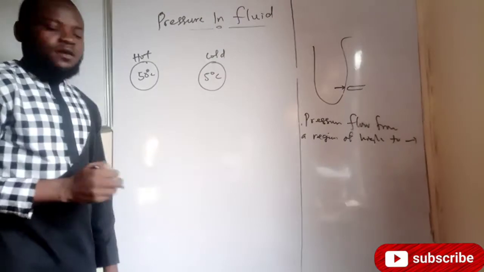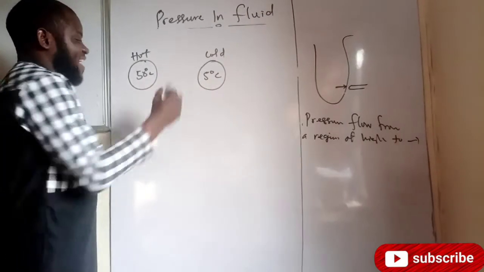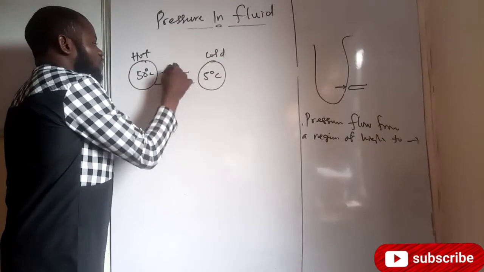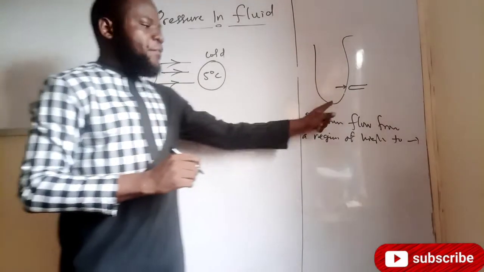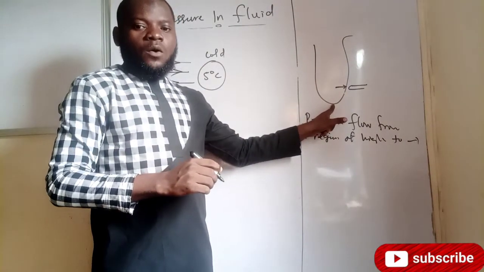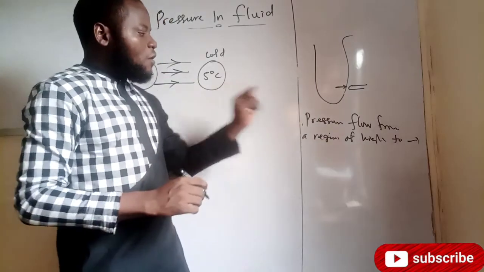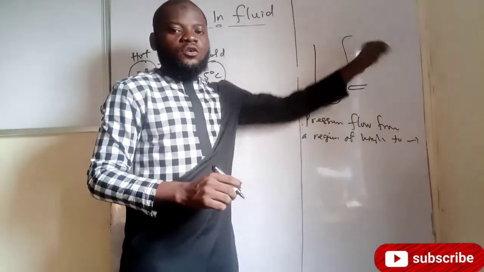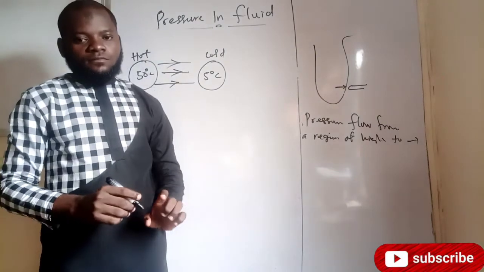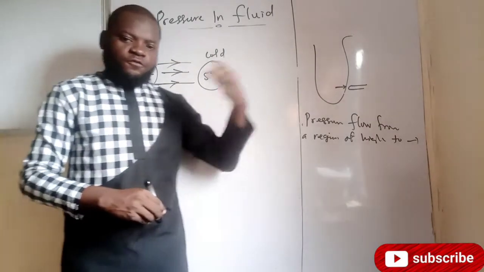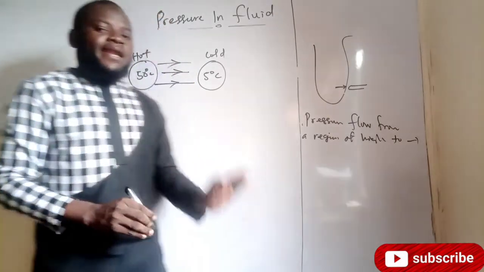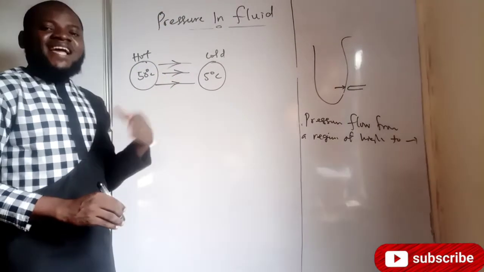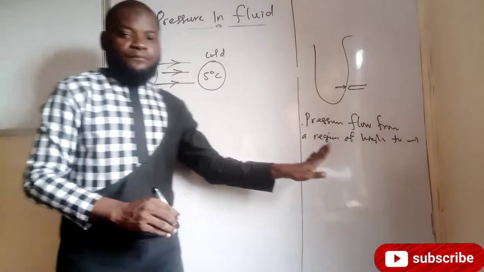If you bring these two bodies together, heat is said to transfer from the hot one to the cold one. The same thing goes for pressure. Fluid flows from a region of high pressure to low pressure. So the flowing of fluid has to do with the difference in pressure. Likewise, the flowing of heat has to do with difference in temperature.